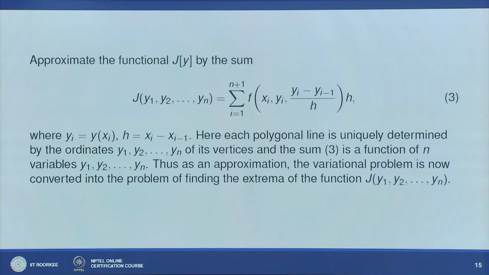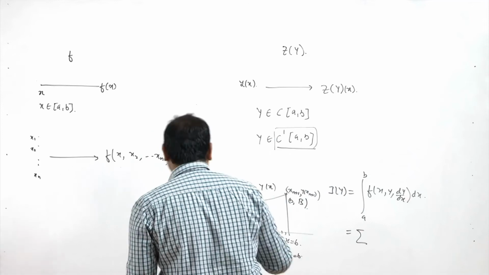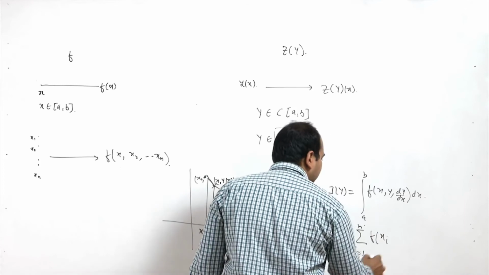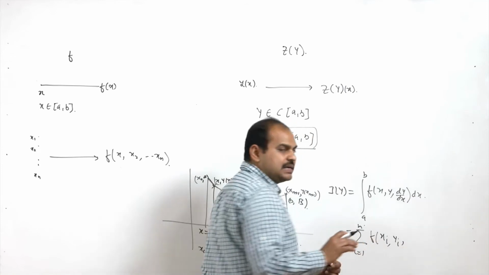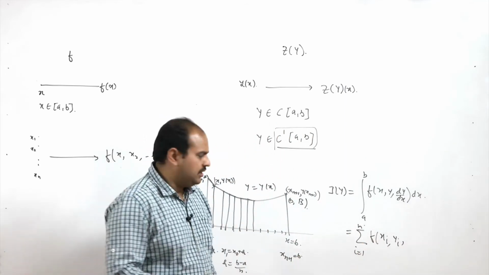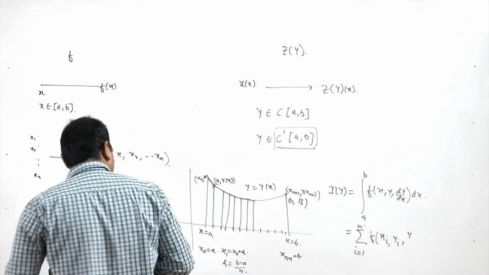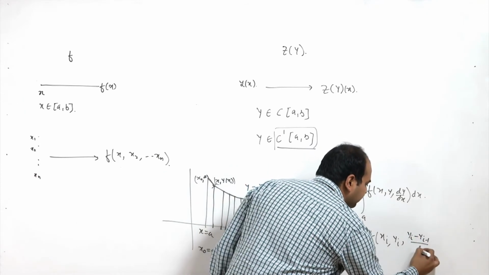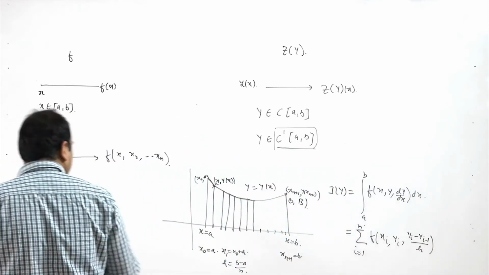J of y by the sum here. So, here we can approximate this as the finite sum. Here we can simply write i equal to 1 to n, f of say x i, and y of x i is denoted as y i, and dy by dx can be approximated by its finite difference, and we can write it as y i minus y i minus 1 divided by h, and you can write it like this, is it okay, and into h.